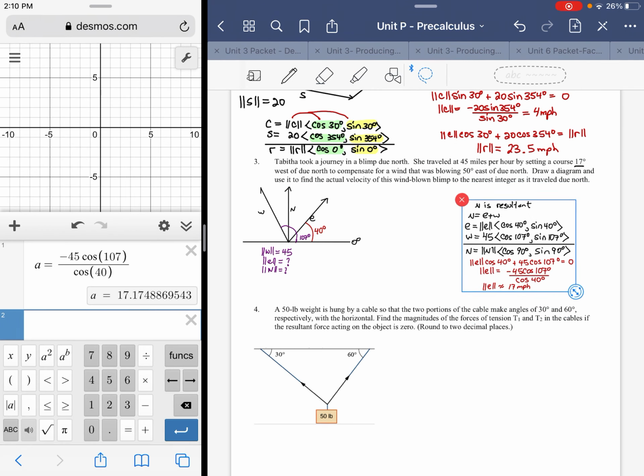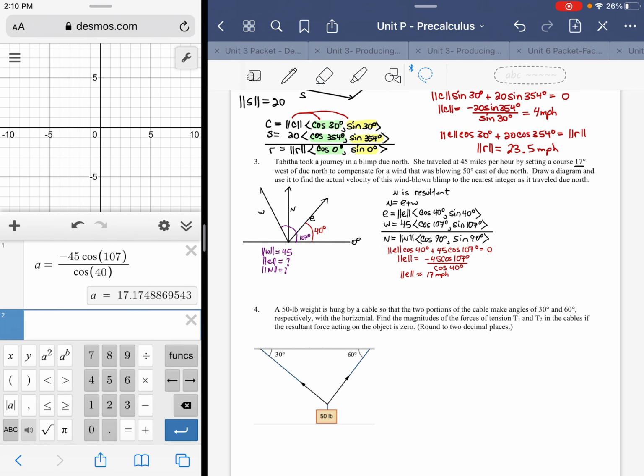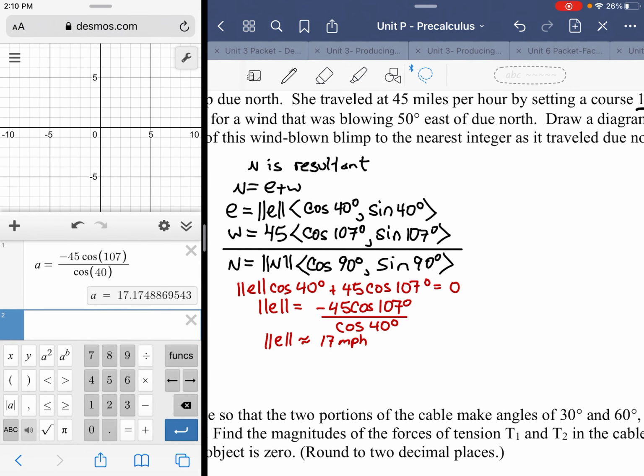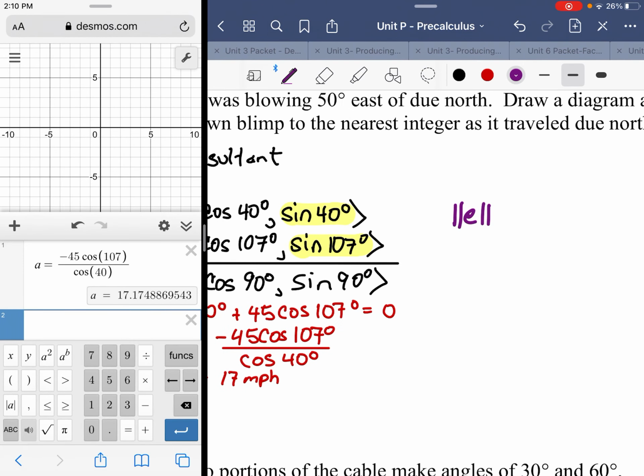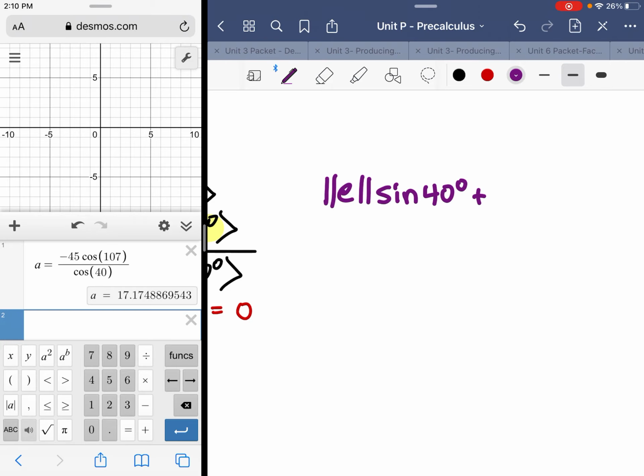All right, so I'm going to do a little shrinky-dinky action here, and then come up with the second equation, which is going to involve the sine function. So we're looking at the magnitude of E, which we could put in right now, but I'm not going to.